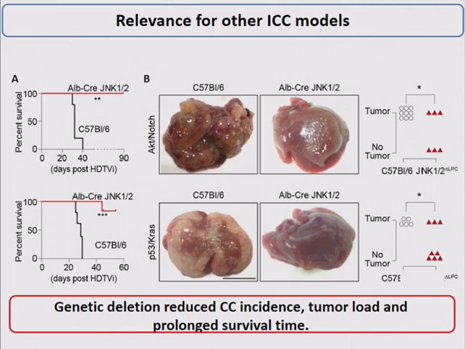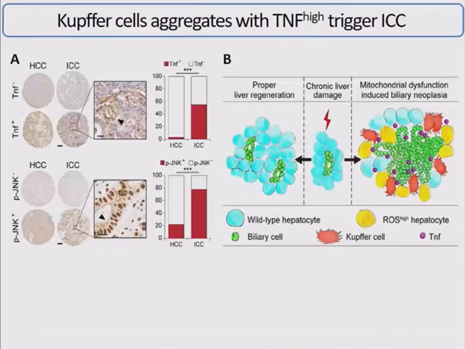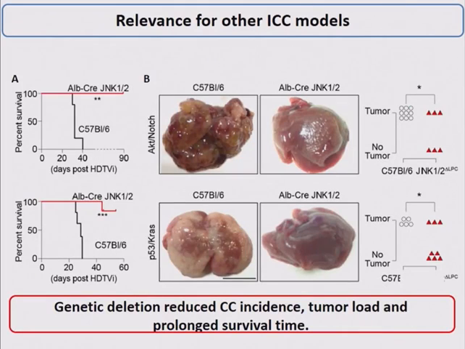And what was really striking to see is that taking away ChainK1 and 2 from liver cells fully abrogates the malignancy of this tumor entity, and in the case of AKT-Notch, the mice didn't even succumb to death.